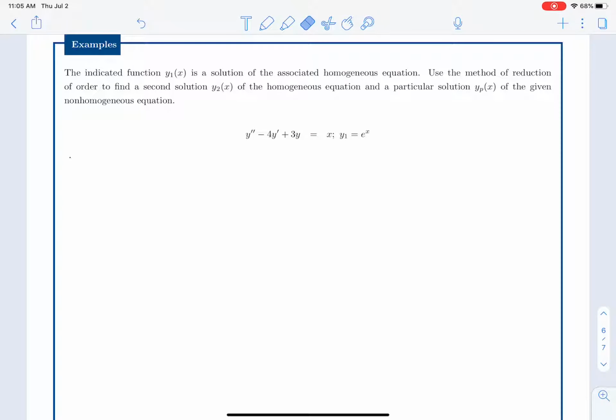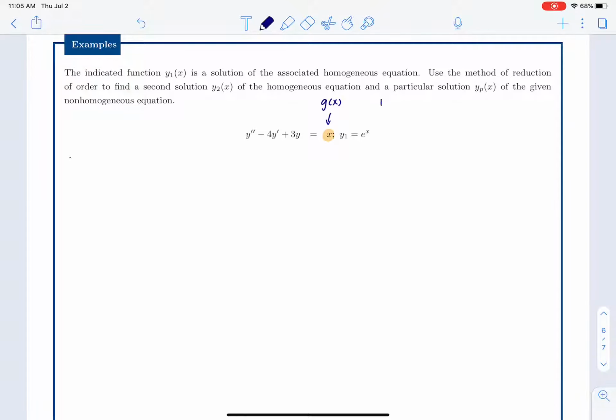So here is a non-homogeneous equation. The right-hand side is actually a function of x, not just a constant. So to solve, we have one solution, which is y1.